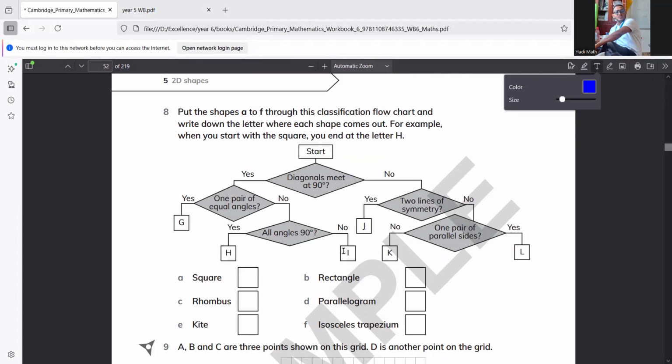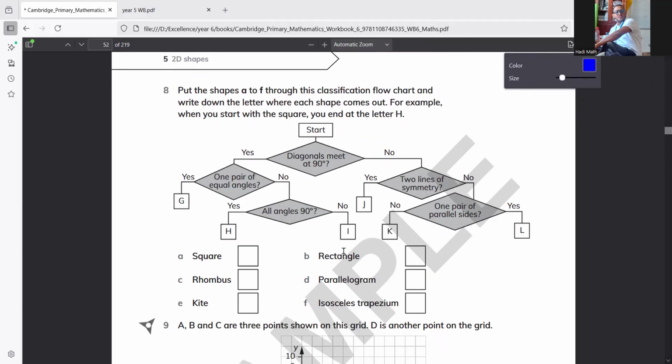H. Let's see with each one of them. Start with a square. The diagonals meet at 90 degrees, yes. One pair of equal angles, no. All angles are 90 degrees, yes. It's ending as H, so square is H.